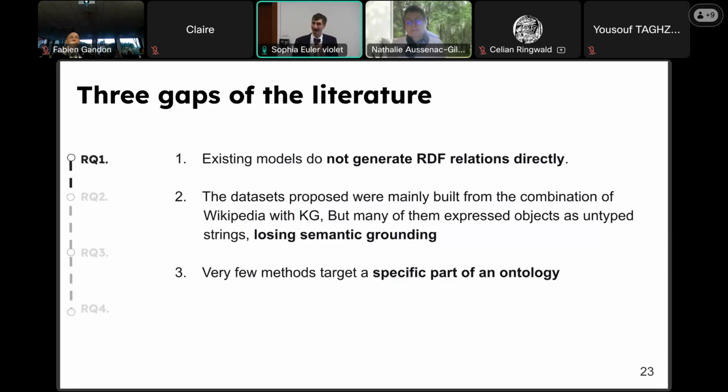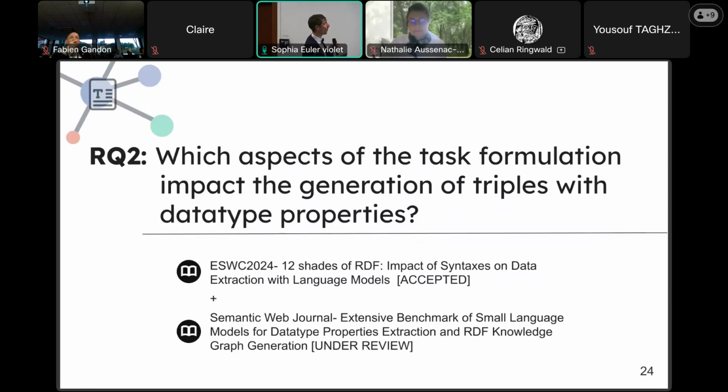So, as we now had a concrete understanding of the state of the art, we propose, with our second research question in our second work, to first formalize how to conduct relation extraction a bit differently, but we also had to know how to formulate this task.